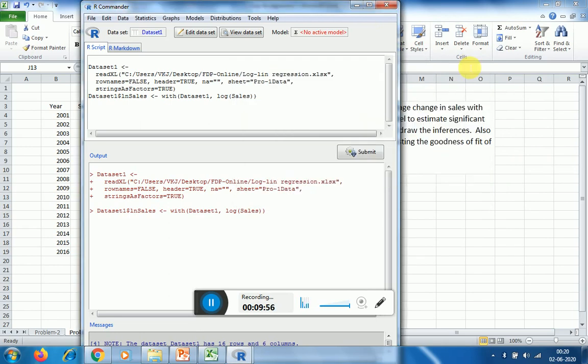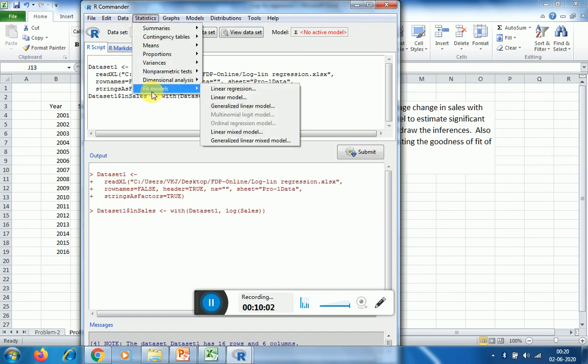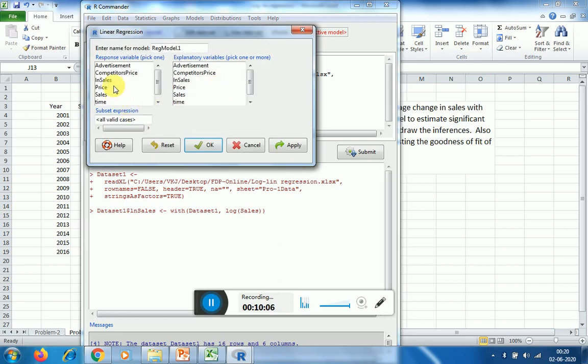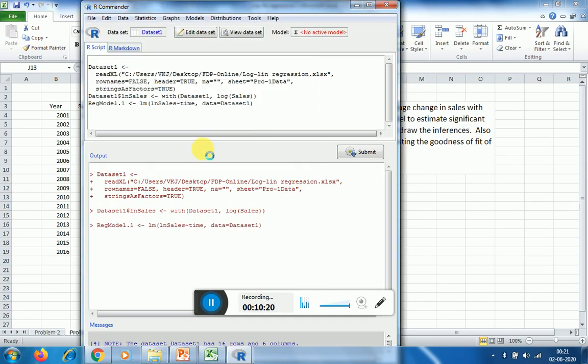Now we proceed for fitting a regression model. So click on statistics, fit models, click on regression analysis, then response variable is log of sales, and then t value, that is time value, will take as independent variable and click OK.